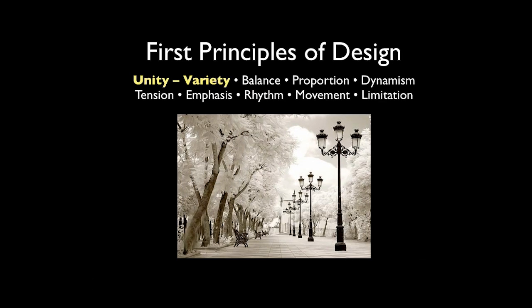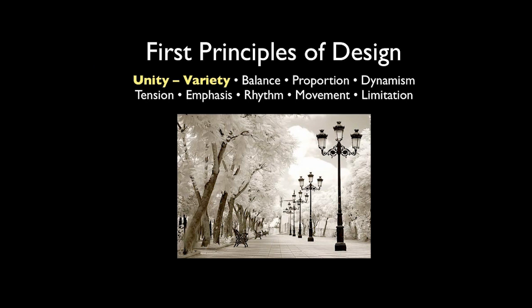Okay, so if you look at this slide, this image, I've tried to define this as a series of principles that are the most important principles that you might want to apply.